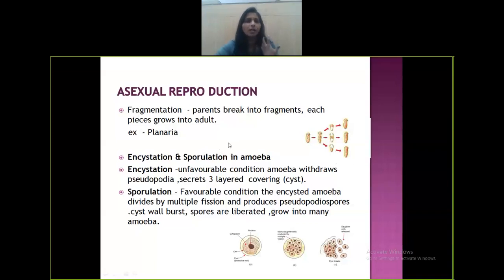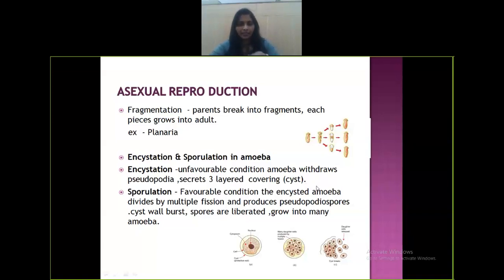Then another form of asexual reproduction is seen in amoeba, which is called encystation and sporulation. What is encystation? Basically, when the conditions are unfavorable for amoeba, it withdraws its pseudopodia and secretes a thick wall around itself, which is called a cyst.